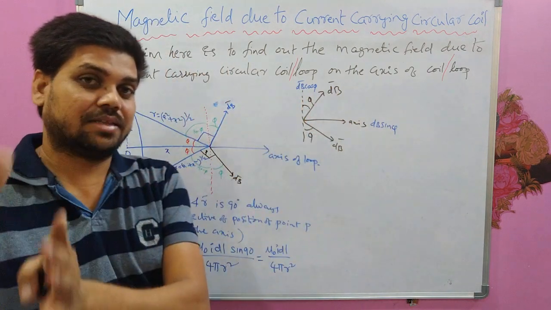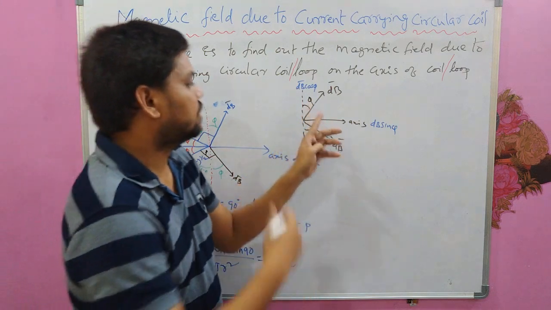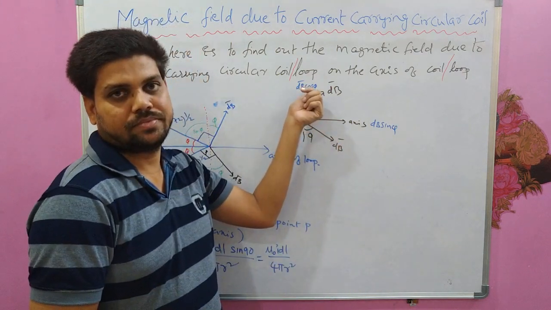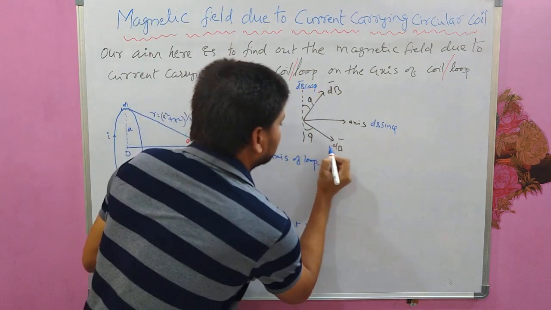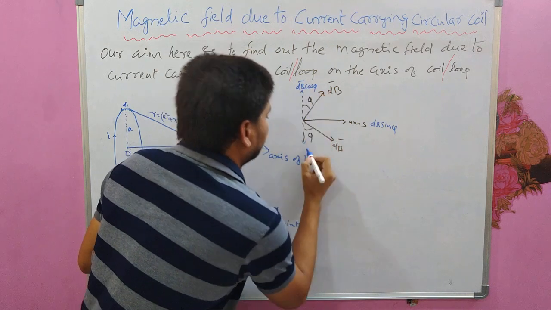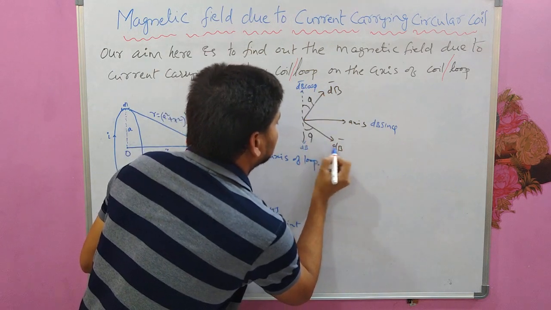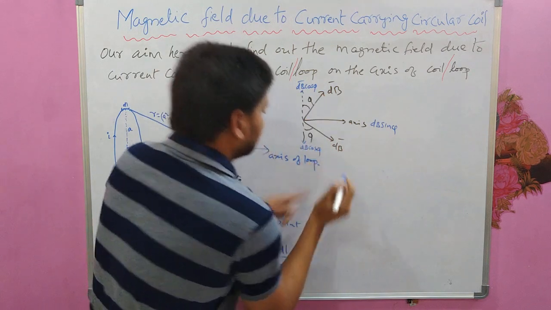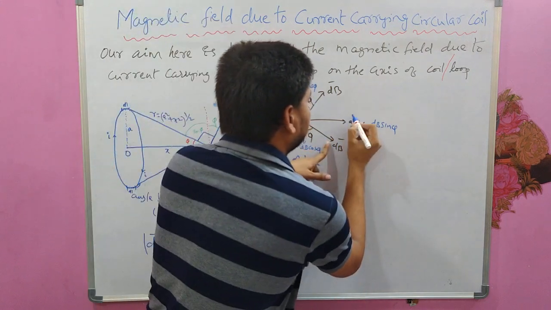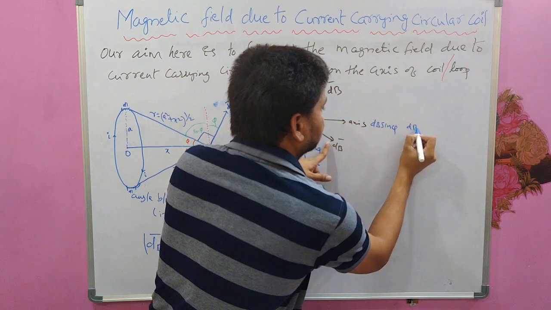Wherever the angle, the side of the angle will go for cos. Now if you see, this is dB and this will be dB cos phi again for this, and this will be dB sin phi again in the same direction.